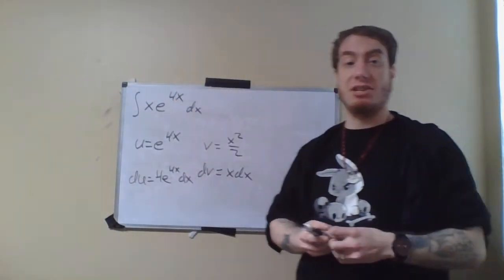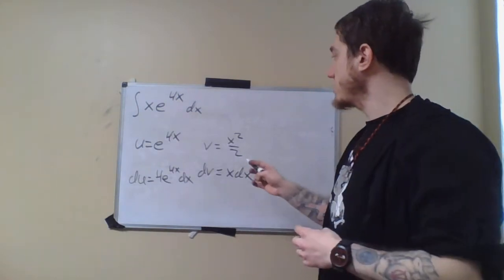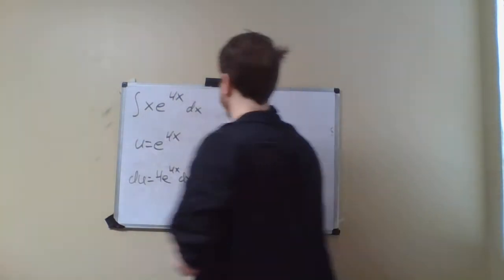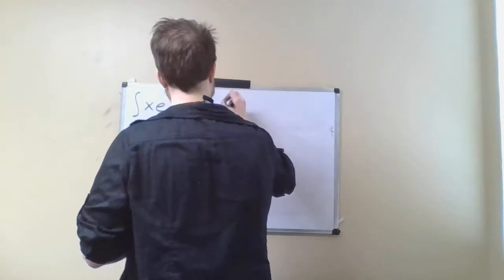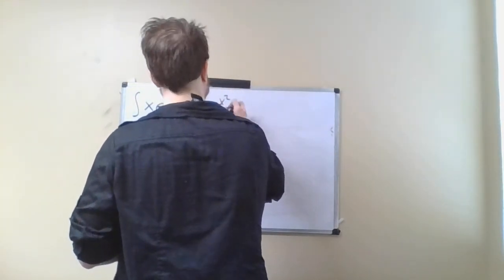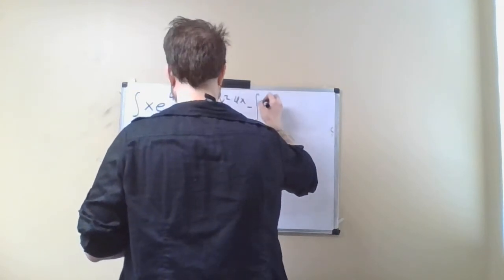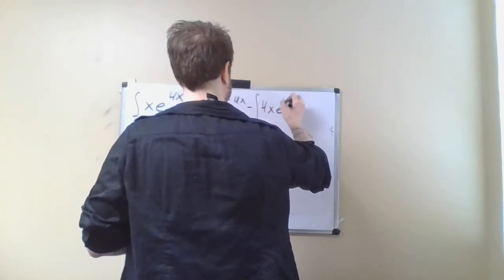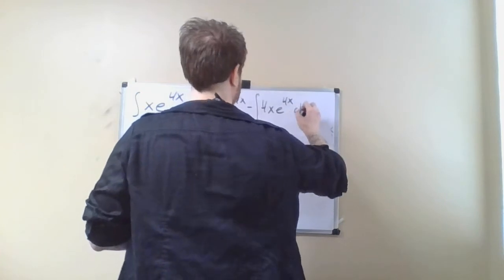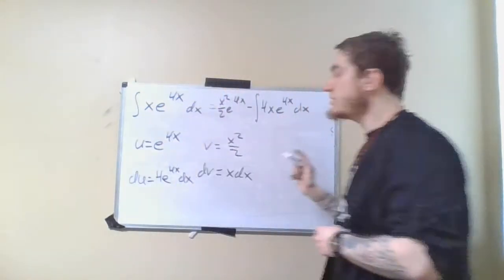So when I start seeing things get more complicated like this, this would become x squared over 2 e to the 4x minus the integral of 4x e to the 4x dx. Well, this is true.